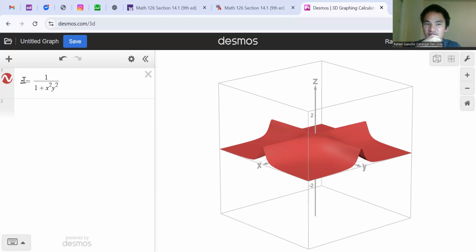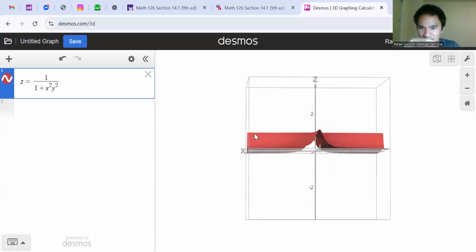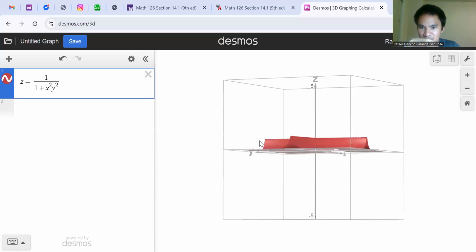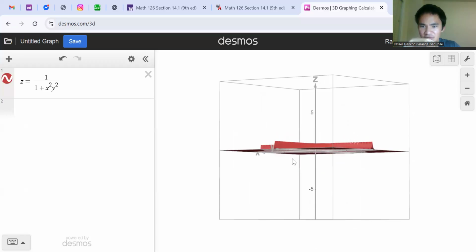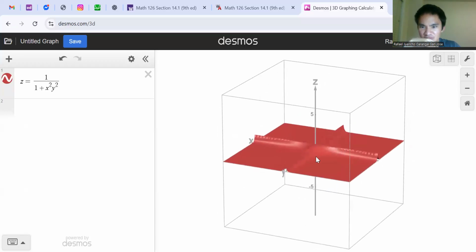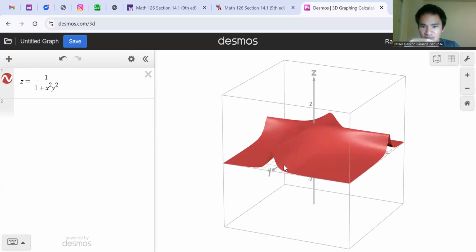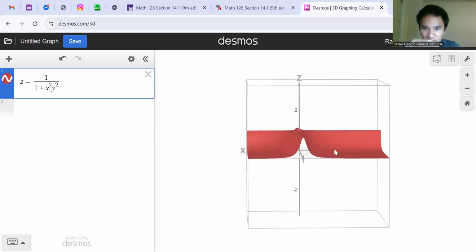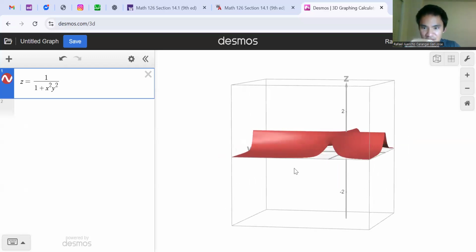If I substitute this with k, I get 1 plus x squared y squared equals 1 over k, and I get x squared y squared equals 1 over k minus 1. I'm going to admit I don't know what that function is. If we zoom it out, it's kind of infinite. But again, there is no y or x intercept.